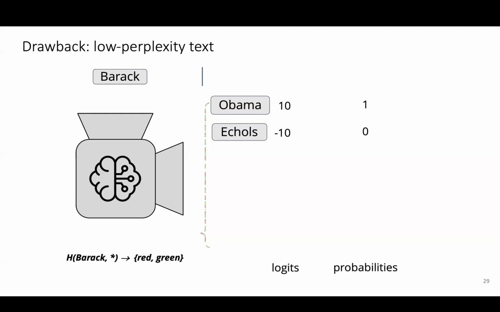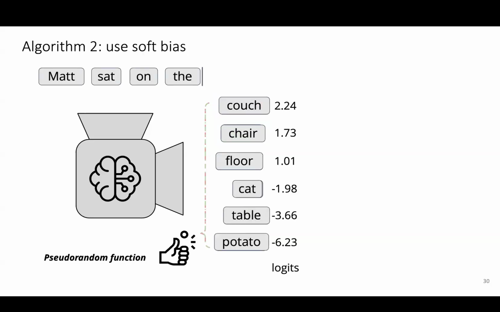But if Obama for some reason ends up on the red list, then it would be very unnatural to use a lower probability word. This looks bizarre, something's wrong.